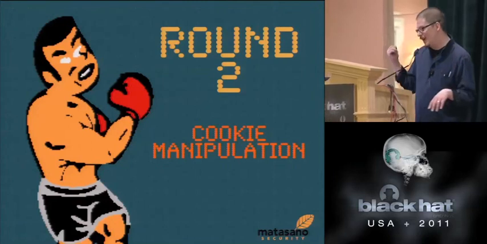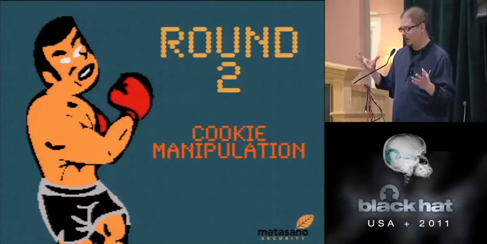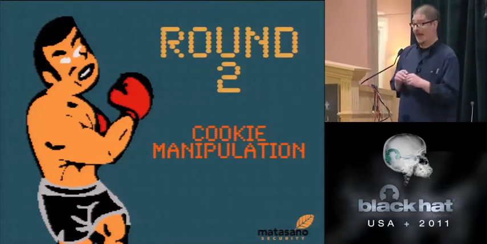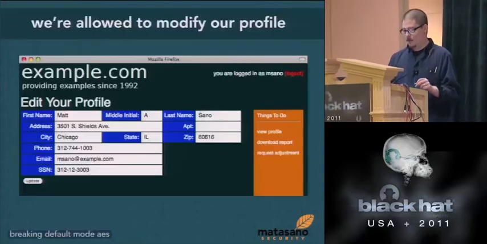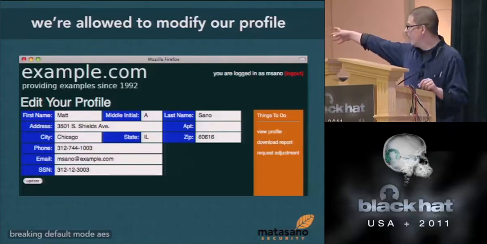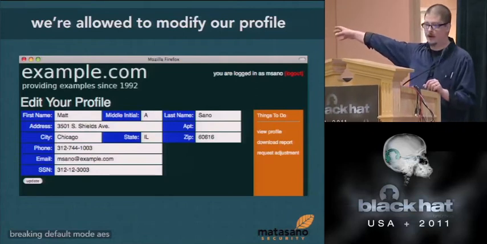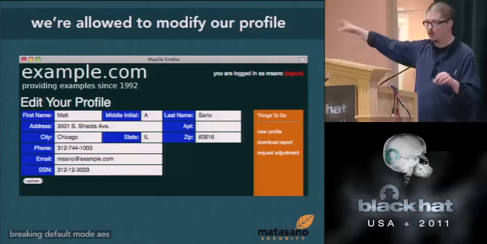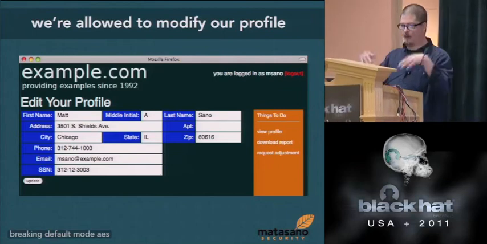We're about to give you a more complicated example involving a cookie. This time it'll be a lot more clear what it is that we're looking at. So again, we have a web app where this time we're actually able to edit our profile. All the information in the profile is a web form, you post the form, and your profile's changed.